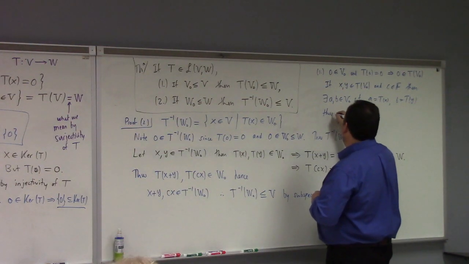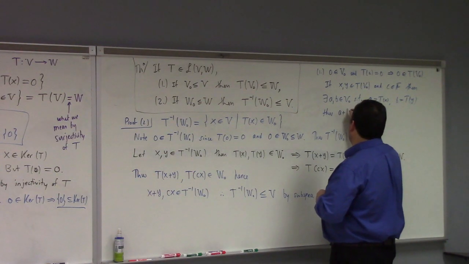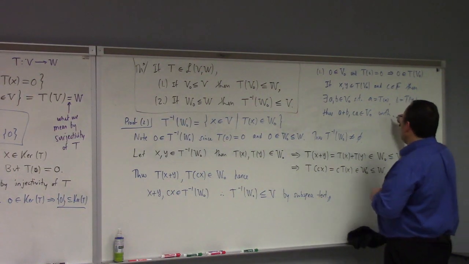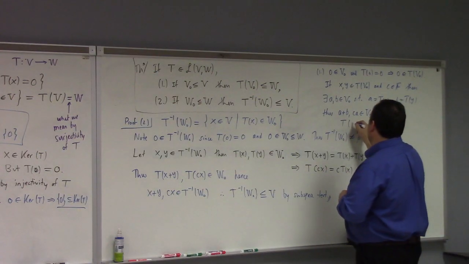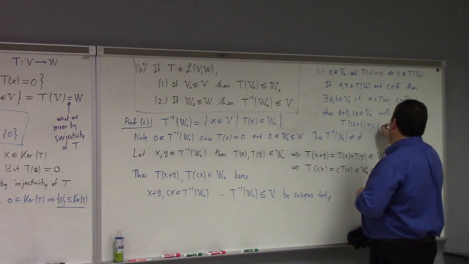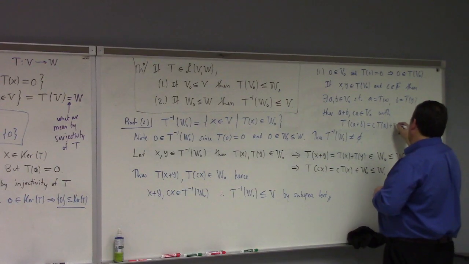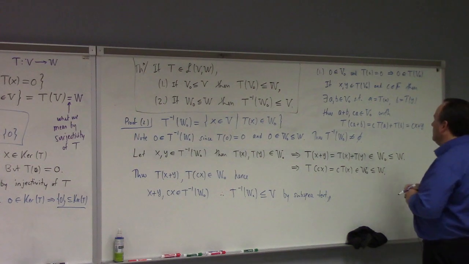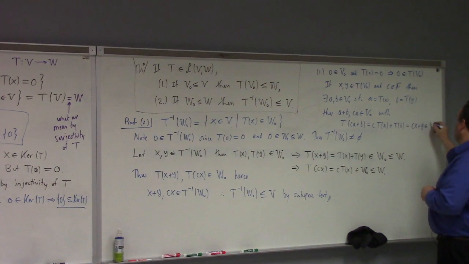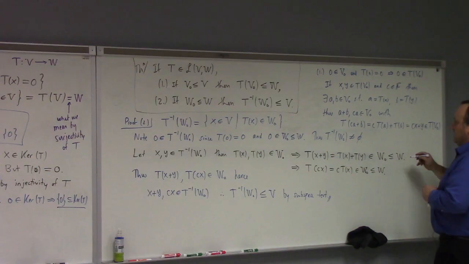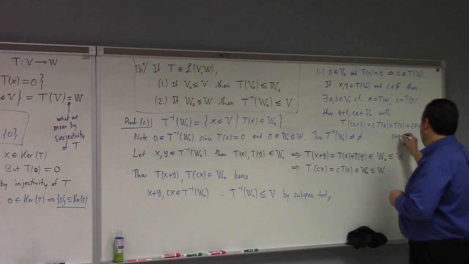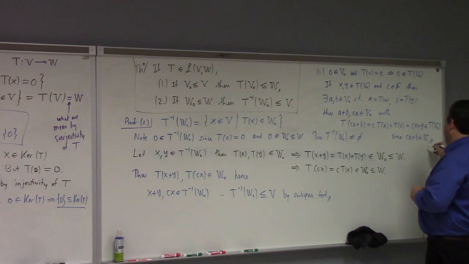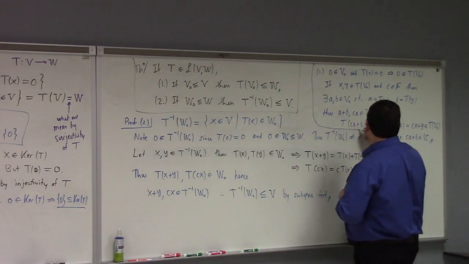So thus, a plus b and ca are also elements of V naught, with T of ca plus b equal to c T of a plus T of b, which by the way is cx plus y, and that's an element of T of V naught, since ca plus b is an element of V naught. So there you go. That's the proof of 1.